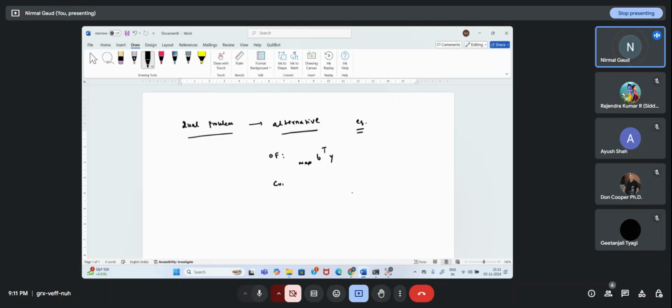And your constraint equation is A transpose y less than or equal to c, y greater than or equal to 0. So this is your constraint equation, this is your objective function. Here y is a vector and this complete expression is an objective function. A is a matrix, y is a vector. So this is your dual problem.